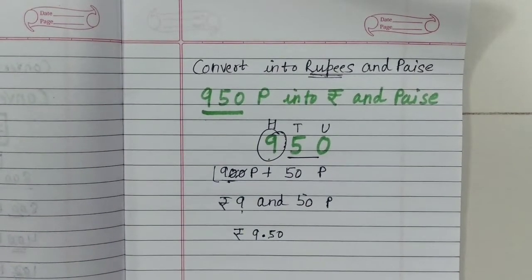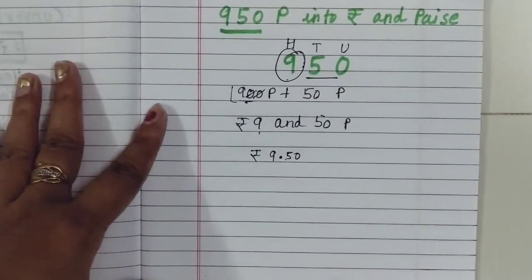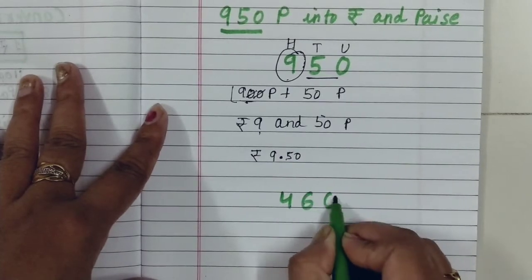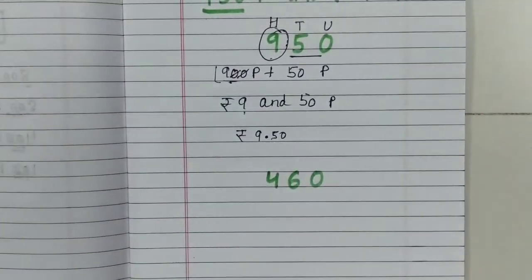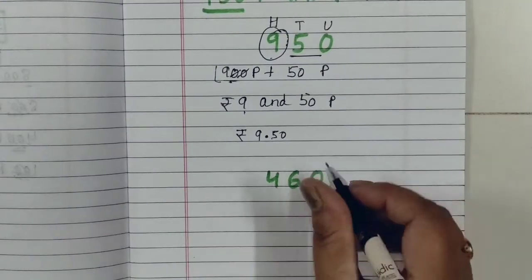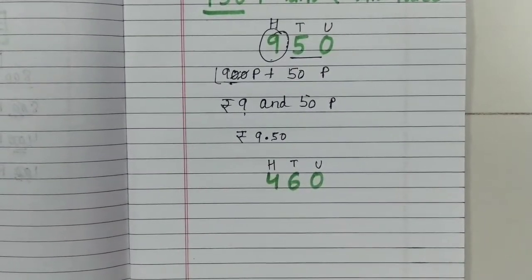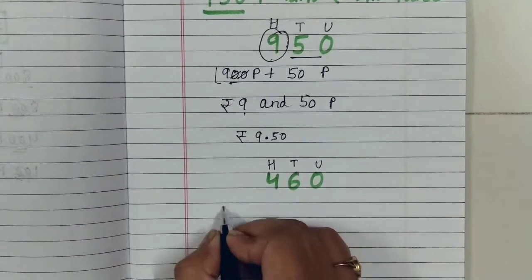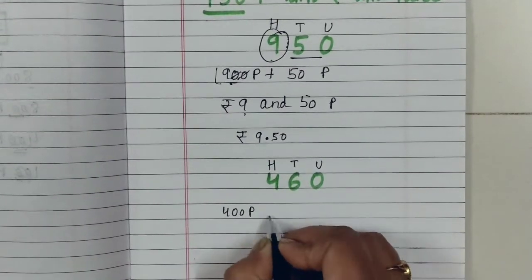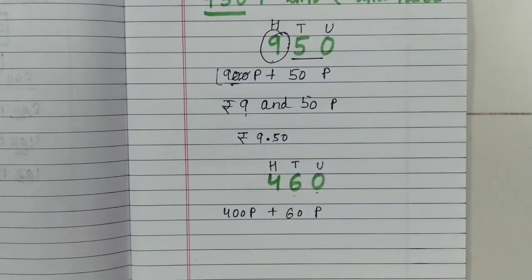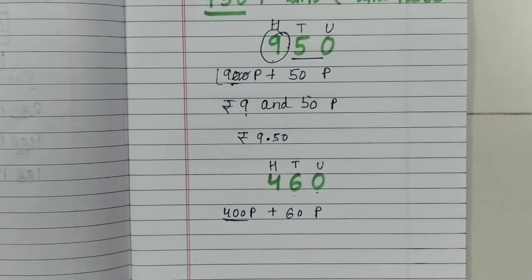You can also understand with the next example. If we have 460, now find out the places: units, tens and hundreds. How many hundreds do we have? 400. So it means 400 paisa plus 60 paisa. Now we have to convert paisa into rupees. 400 paisa is equal to how many rupees?